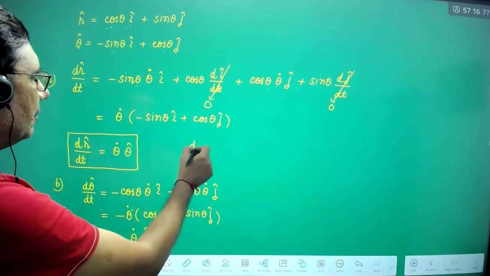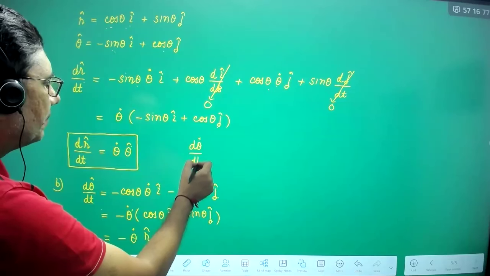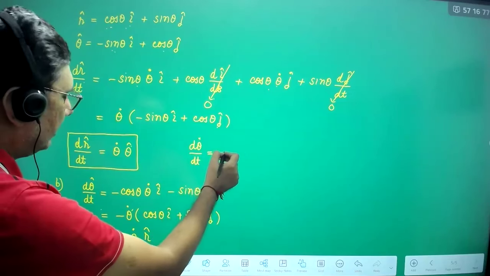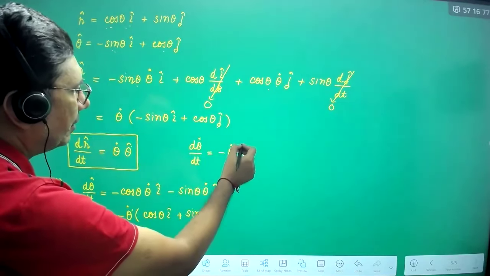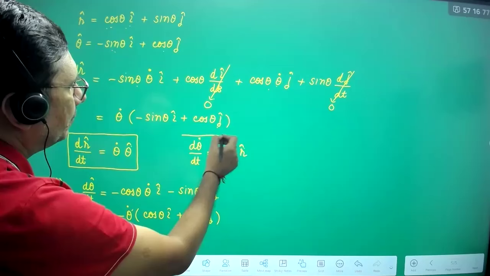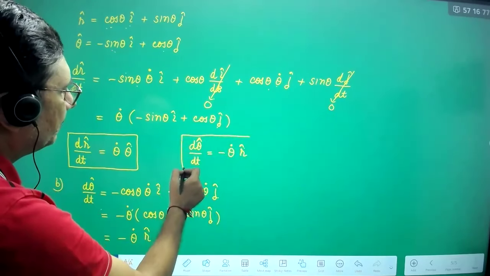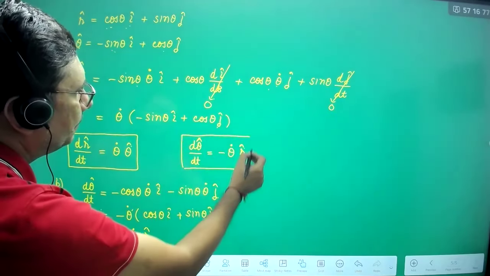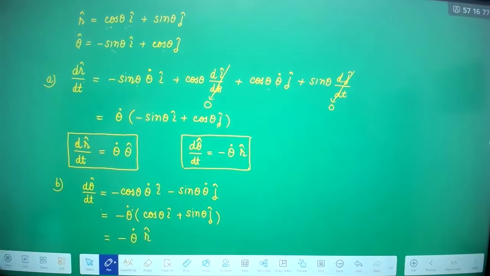So this d theta cap by dt will be minus theta dot r cap. This is theta cap, sorry. It will be d theta cap by dt equal to minus theta dot r cap.